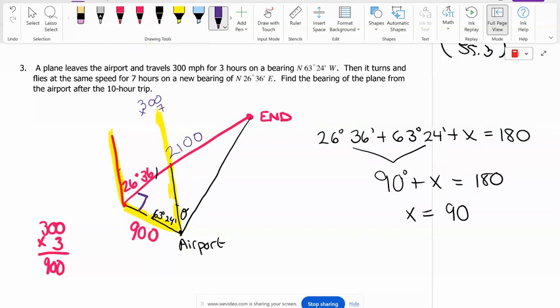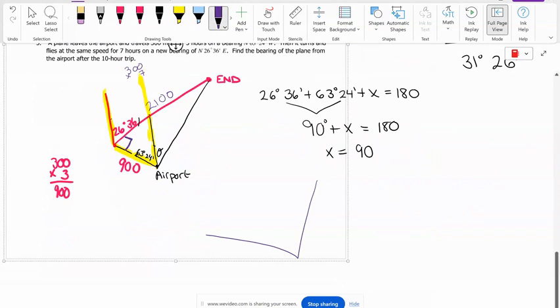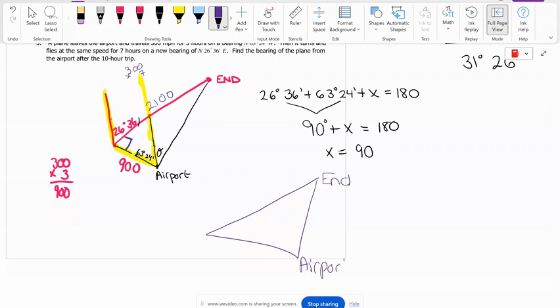All right, we're getting there. So now I'm going to redraw this triangle. So here's my end, here's my airport. Oh, I drew this right angle badly. Try this again.